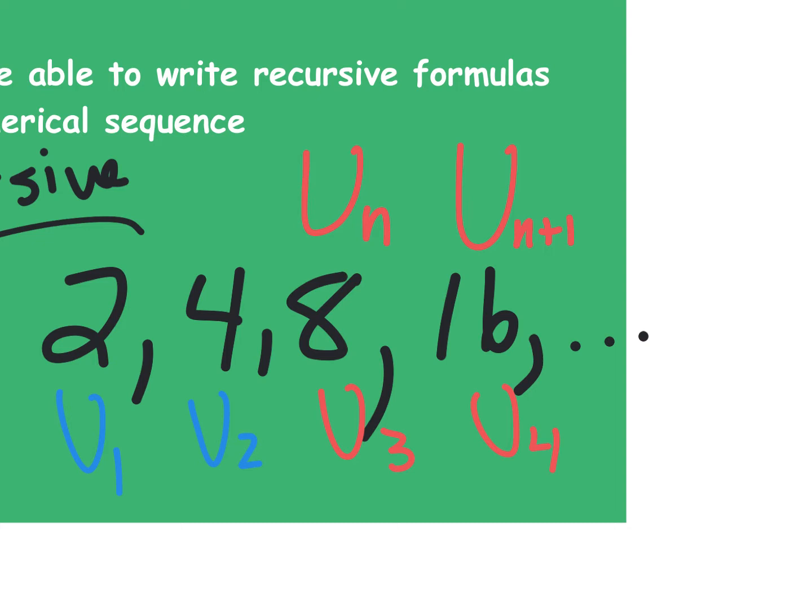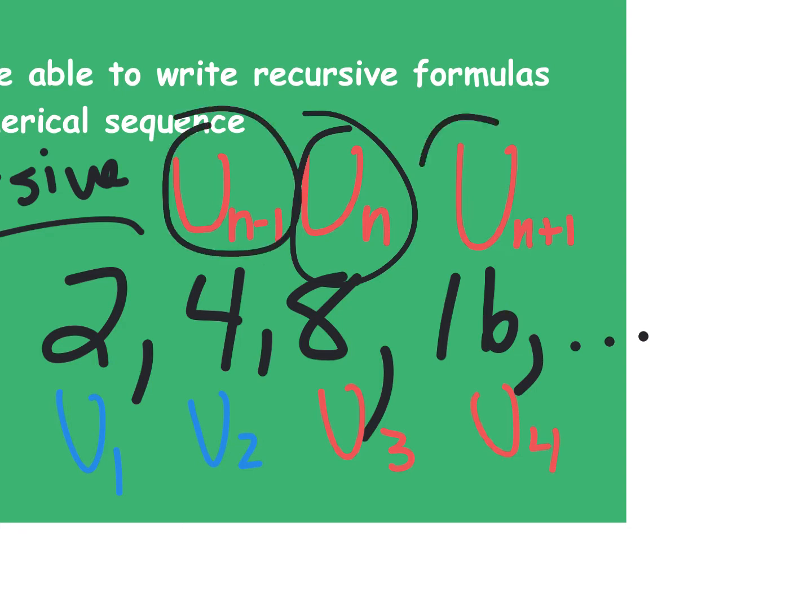And the one in front of that would be U sub n minus 1. So that is the general naming convention for sequences. You pick any term. Relative to the other one, this is the one in front of it, and this is the one after it.